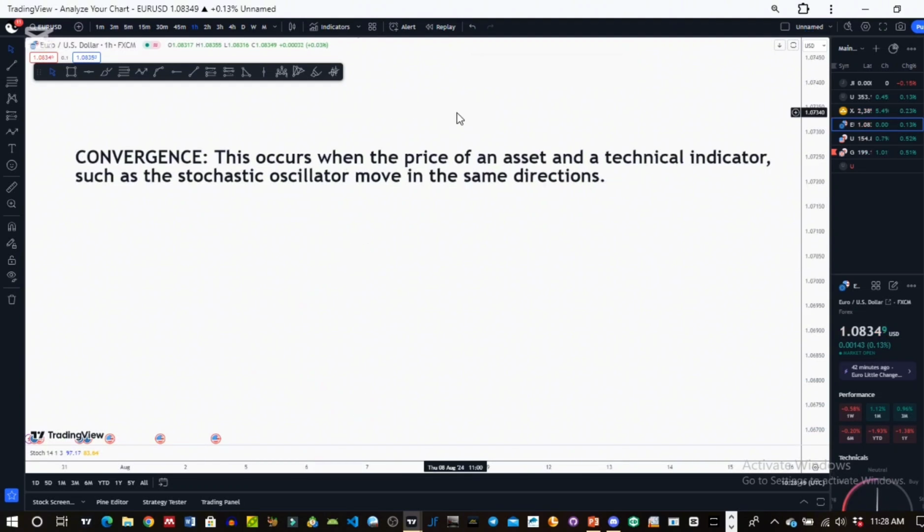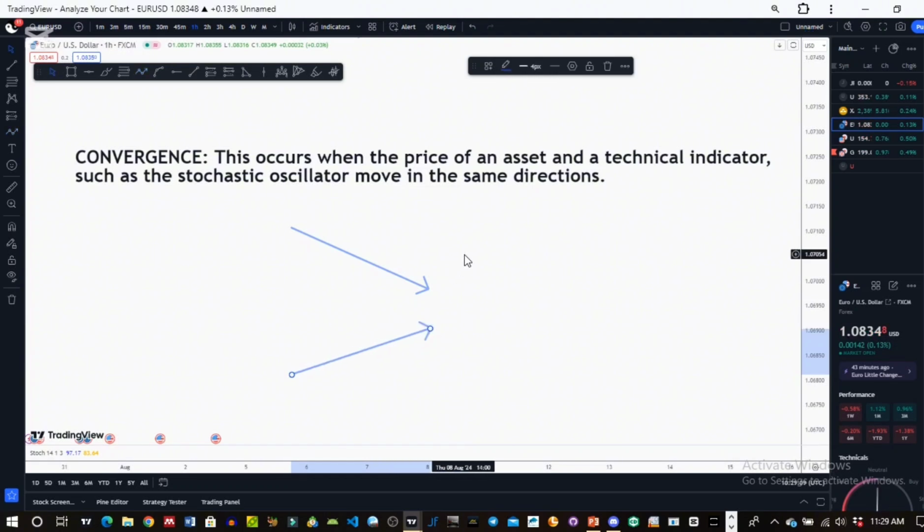Now, similar but opposite to divergence, we have convergence, and this occurs when the price of an asset and a technical indicator such as the stochastic oscillator move in the same direction. So when you have the price of an asset and the indicator moving in similar direction, we term this to be convergence.